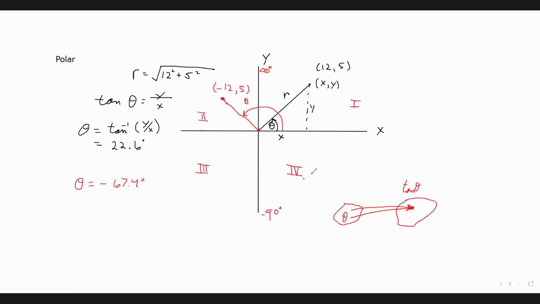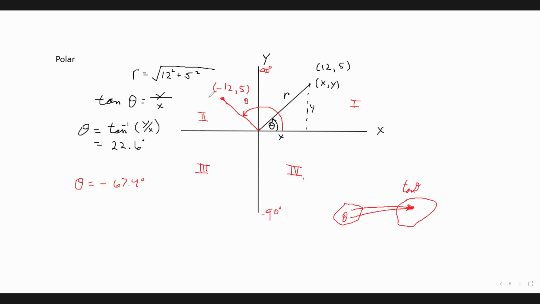Everybody agree with that? If you are in the first or fourth quadrant, you will know that simply looking at the numbers for the XY coordinates. Now, calculators give you the right answer between minus 90 and 90. Of course, there are an infinite number of answers, but you want the one between minus 90 and 90.